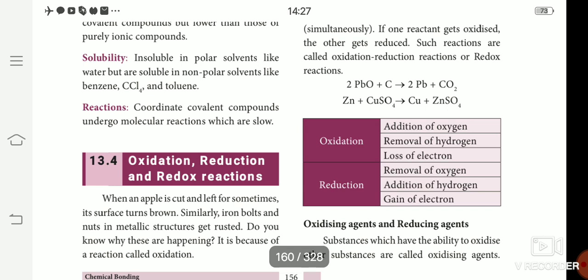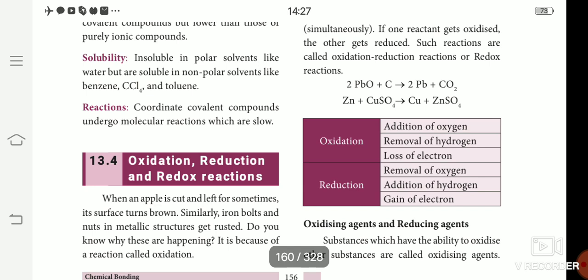So zinc reacts with copper sulfate to give the products copper and zinc sulfate. So this is a redox reaction.